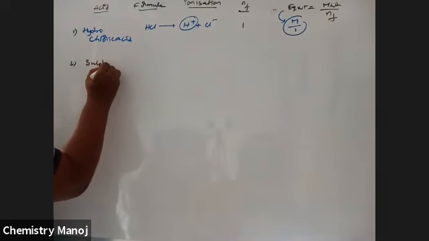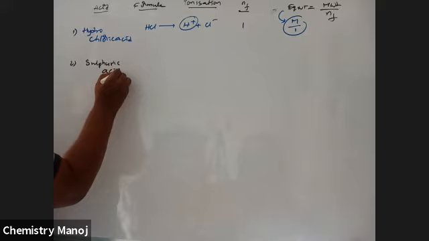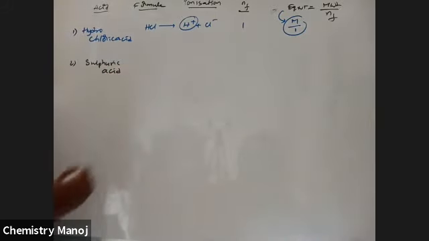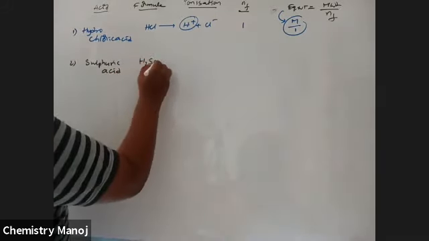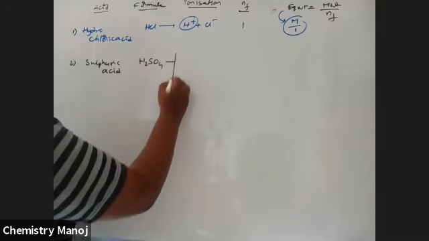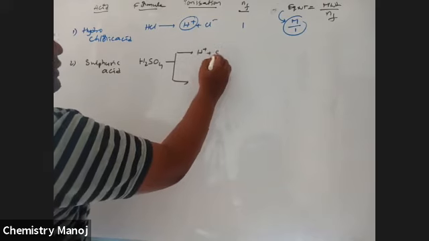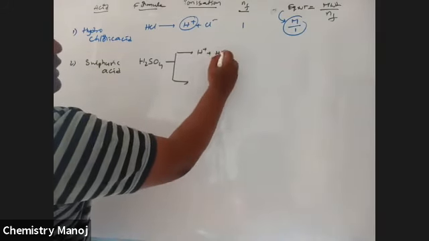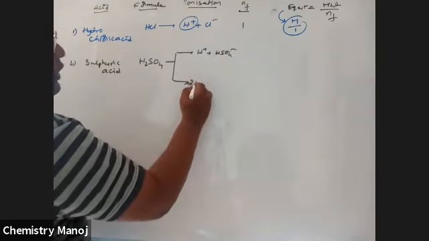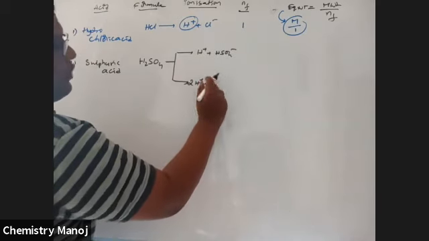Sulfuric acid. Formula is H2SO4. It may break down in two ways: H plus ion and HSO4 minus, or 2H plus ion and SO4 2 minus.